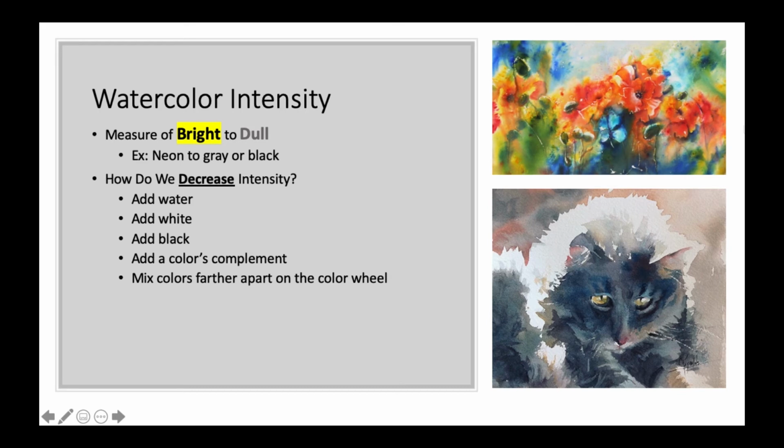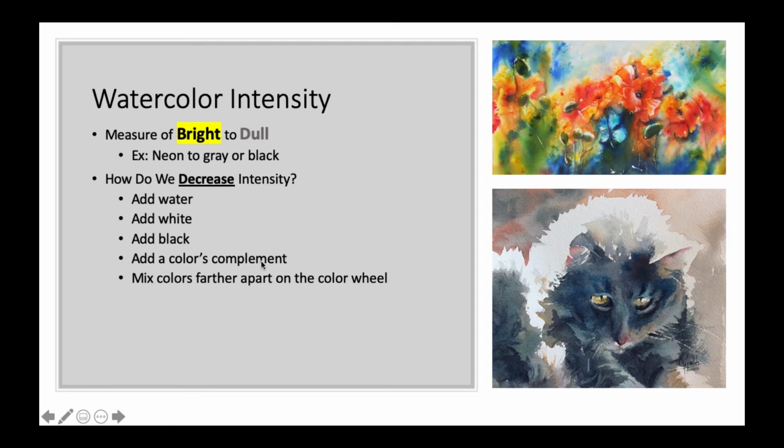We can decrease intensity by adding water. If you thin down the paint, it's not as intense as if it's nice and thick and strong. We can add white to pigment, and there's been a little bit of white added into this painting. Or we can add black. I don't typically use black in watercolor, but lots of artists do, and there's nothing wrong with that.